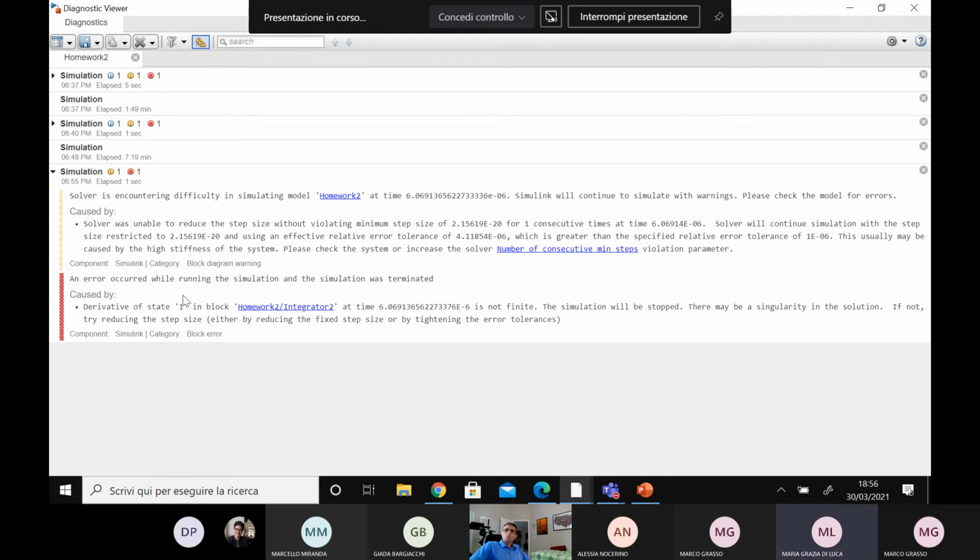Yes, it's still derivative is not finite. But it's not saying that there's a singular matrix. I don't know. Okay, let's go back into the block and debug more.